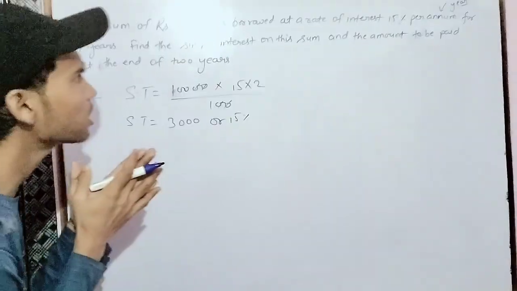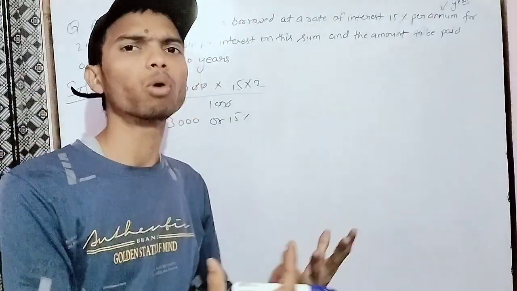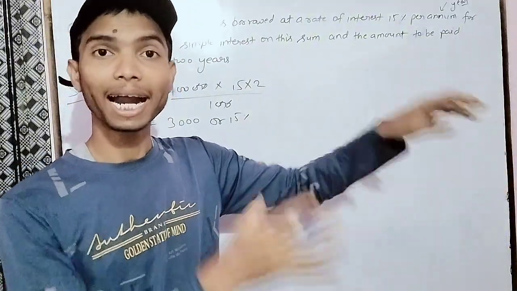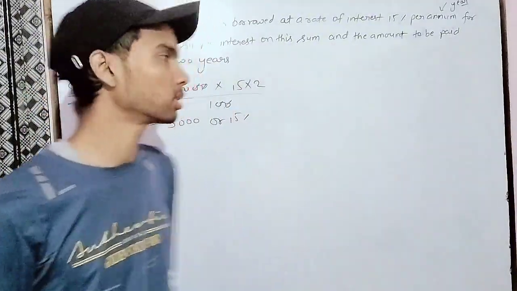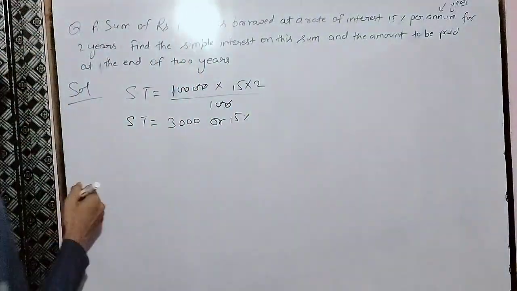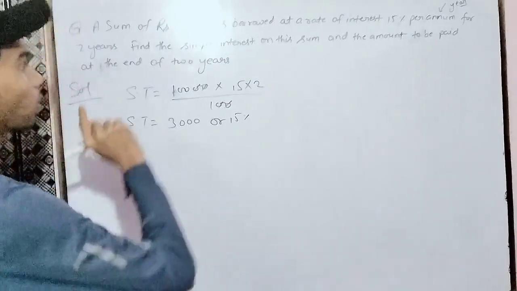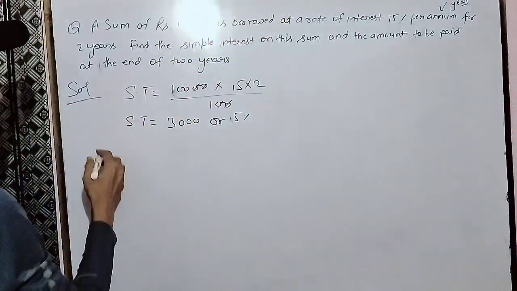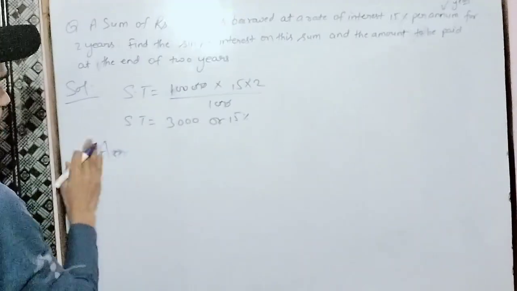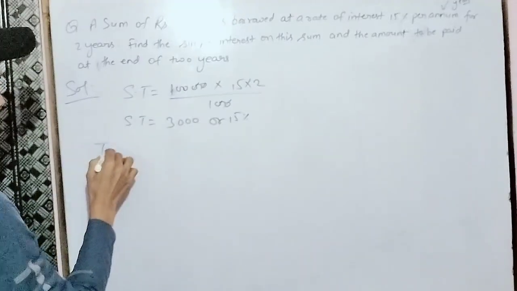Clear? Now the question was asking how much amount will be paid at the end of 2 years. We will add this simple interest to the borrowed amount. So this is the final amount, you can write total amount.